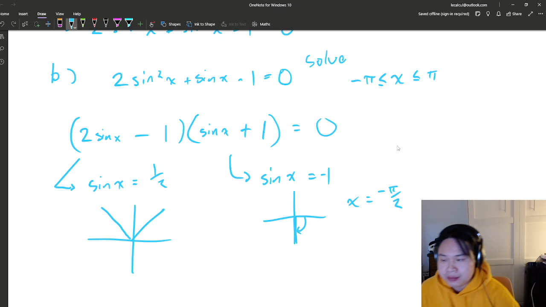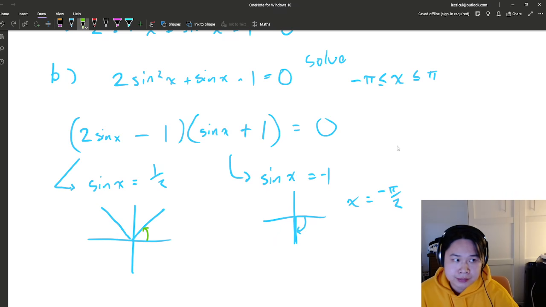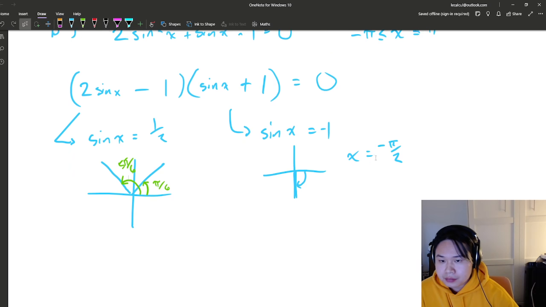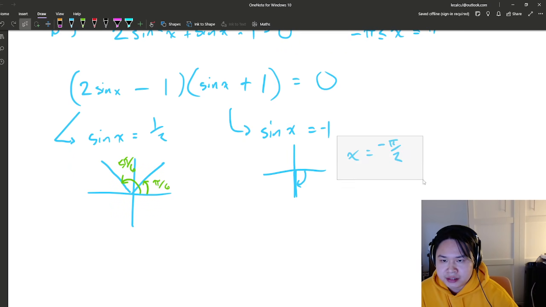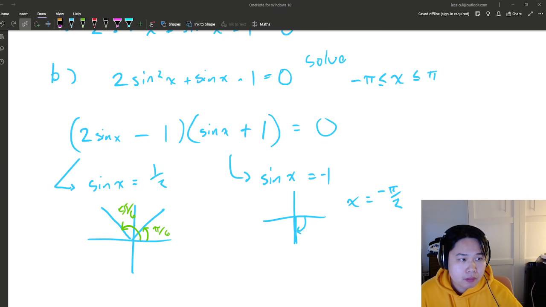We have sine being positive 1 over 2 on the unit circle. So we have this angle, and from memory, this is pi over 6. And then we also have this angle right here, and that's 5 pi over 6. Then you're done. Here are your 3 angles. Okay, not bad so far.